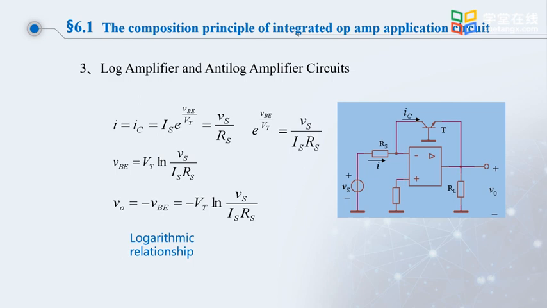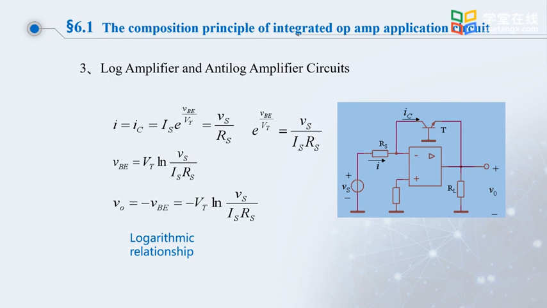The transistor is grounded at its base. The collector is connected to the inverting input of the integrated op-amp, and the emitter is connected to the output. The output of the integrated op-amp is grounded via the load RL. The non-inverting input is grounded through the resistor R. This is a logarithmic operation circuit.